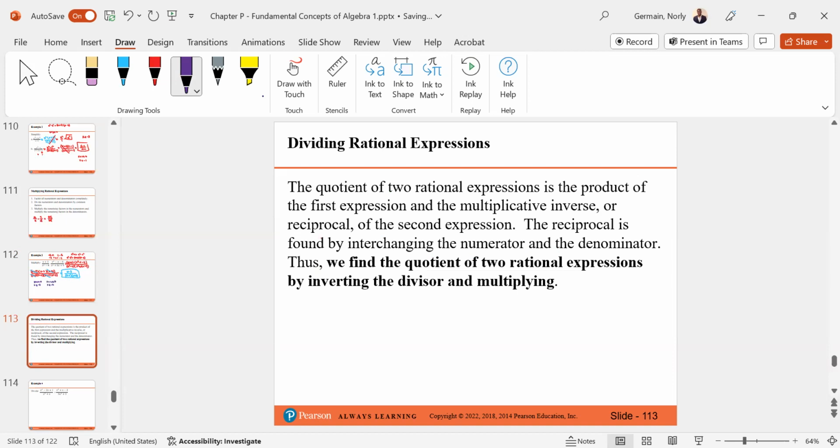So anytime we divide two expressions, we keep the first one as is and multiply by the reciprocal of the second one. So we flip the second one and change the division sign into a multiplication sign. The reciprocal is found by interchanging the numerator and the denominator. So we find the quotient of two rational expressions by inverting the divisor and multiplying. Hopefully you're going to see this in the examples.